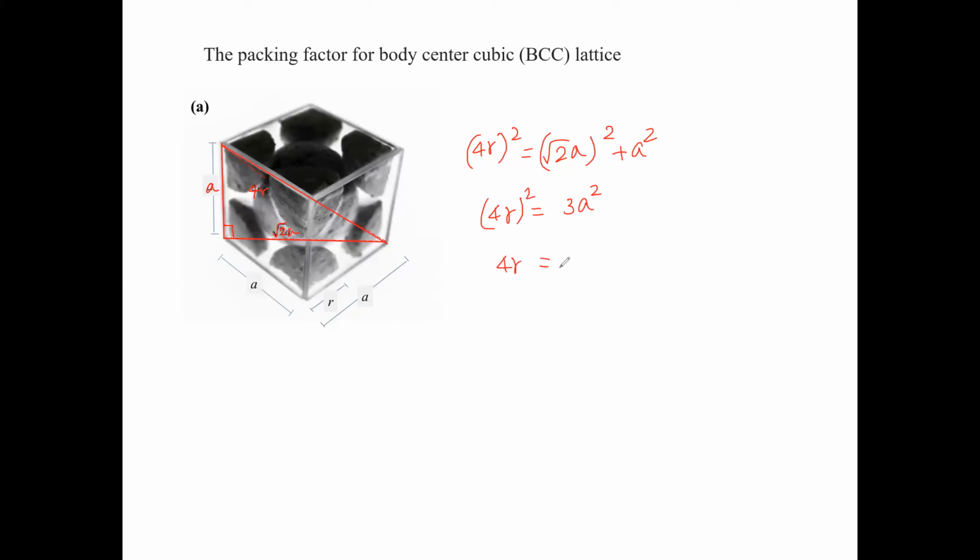So 4R is square root of 3 A. So R is square root of 3 divided by 4 A. So we'll use this relationship to plug it in the packing factor.